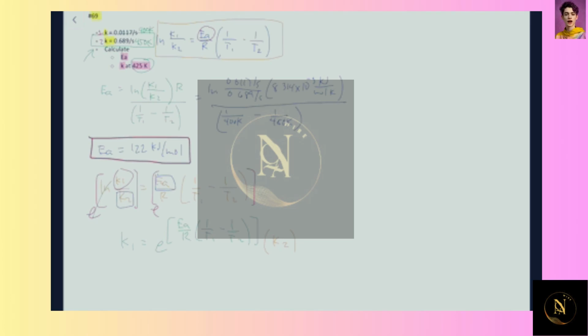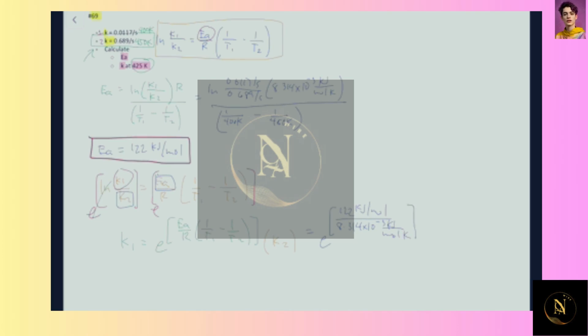At this point, we just plug in numbers. We have e raised to, I know EA is 122 kilojoules per mole according to part A, and since this is in kilojoules, I want to express my R in kilojoules as well, 8.314 times 10 to the minus 3 kilojoules per mole Kelvin.